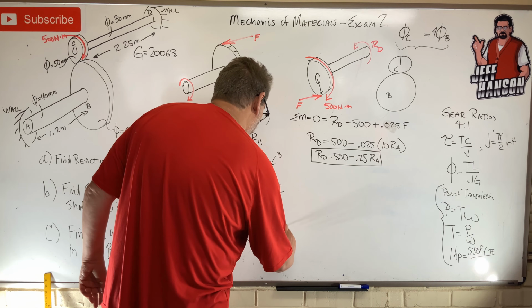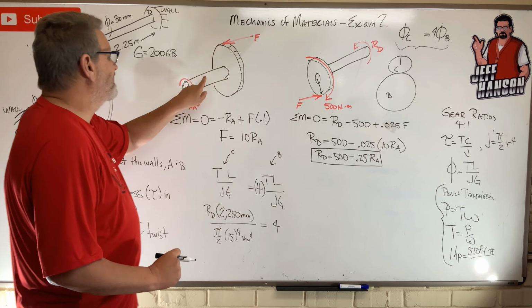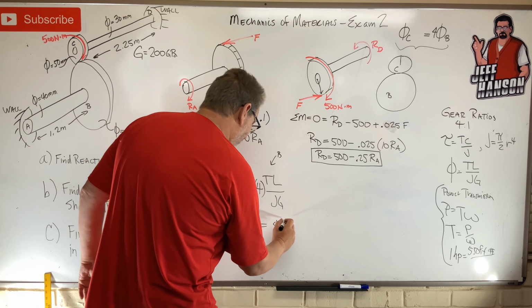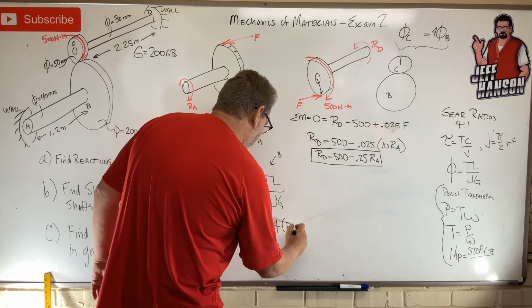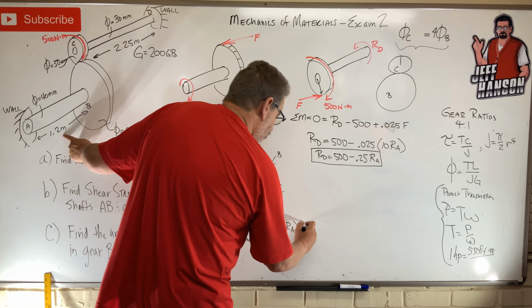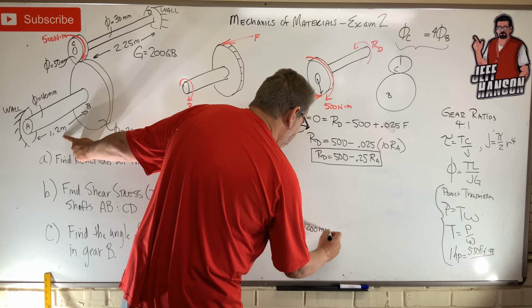We got our 4 there, don't forget about that guy. Times T, what's the torque in this shaft? Again, cover it up. What do you got? It's RA. I know, right? RA times L of this guy, which is 1,200 millimeters.